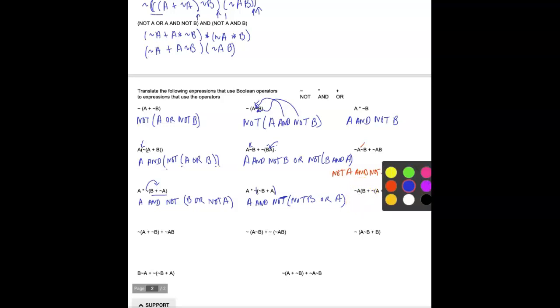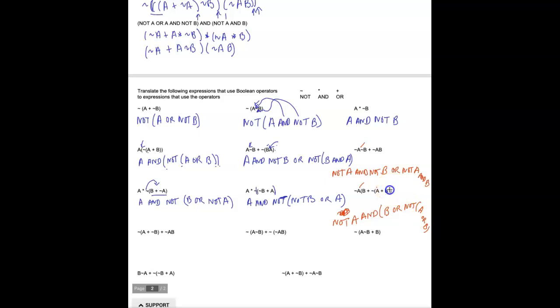This is tricky. Also, not A. Whoops, sorry. Not A. That's really multiplication. Being anded with B or not. Now this set of parentheses, that inner set of parentheses, is like so.